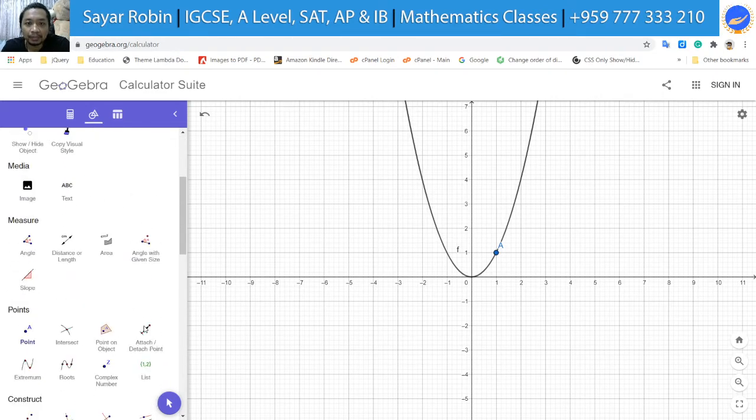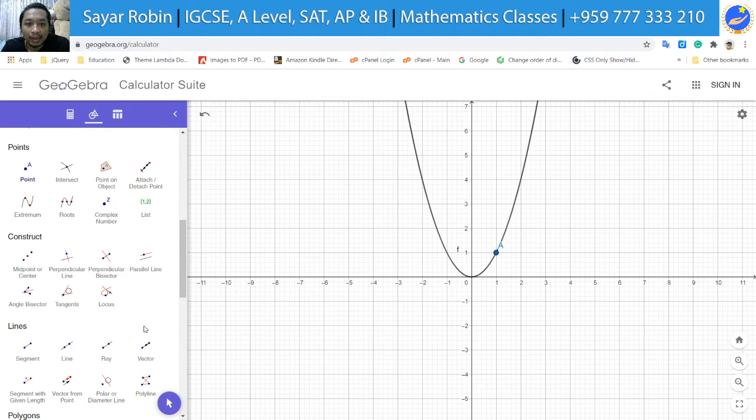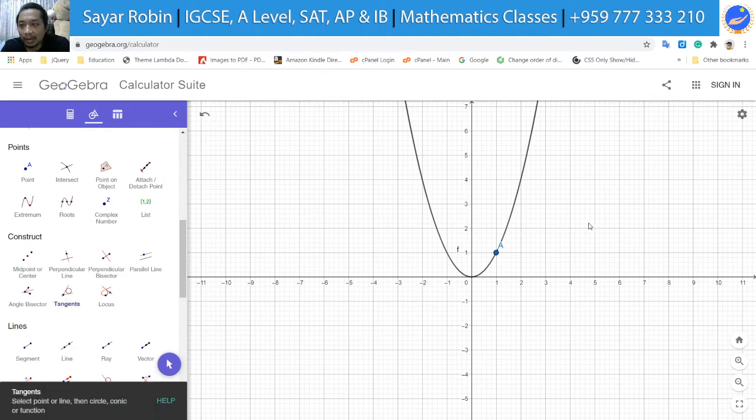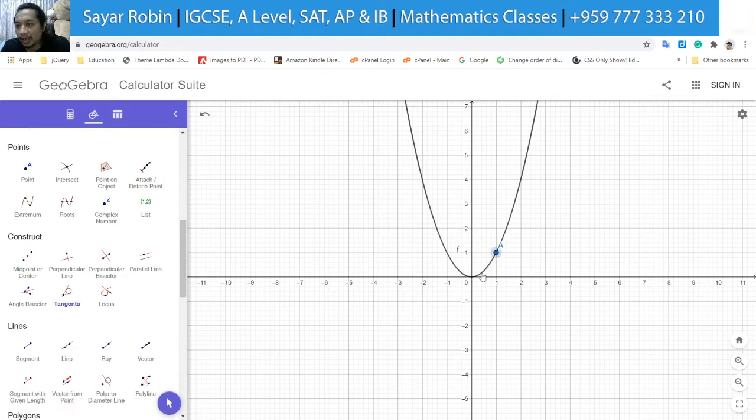Here is the tangent line of this graph. Obviously this is a tangent line, right? Now I'm going to draw the normal line. The normal line is perpendicular to the tangent line.